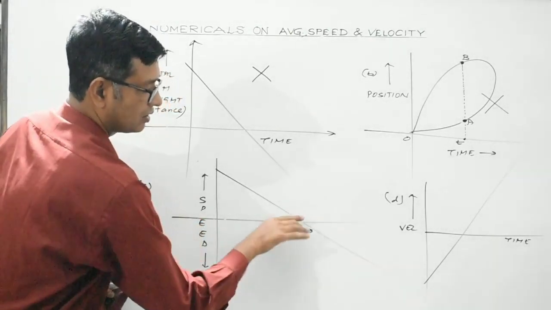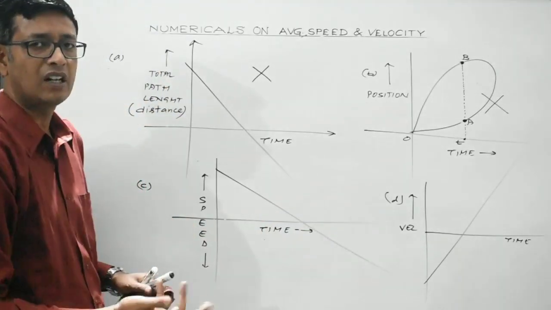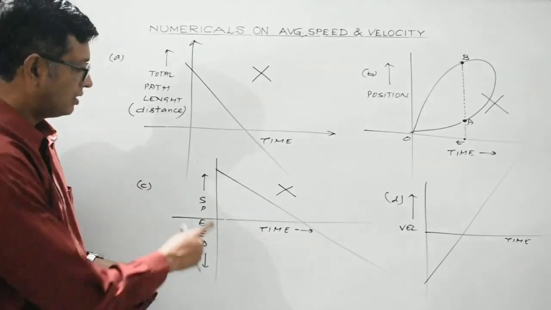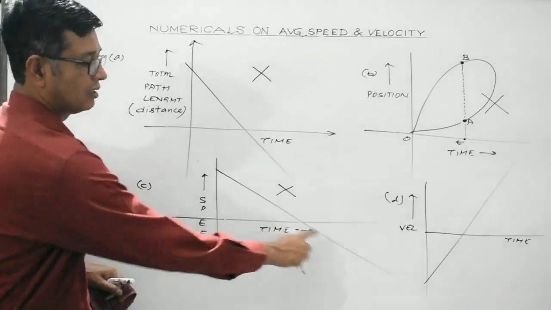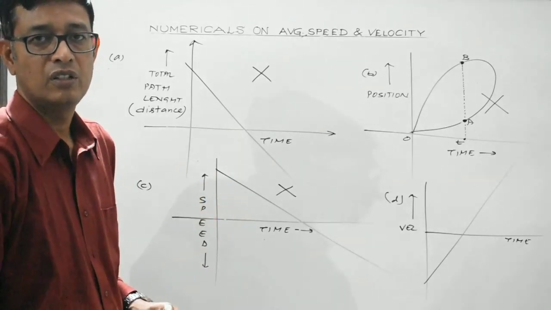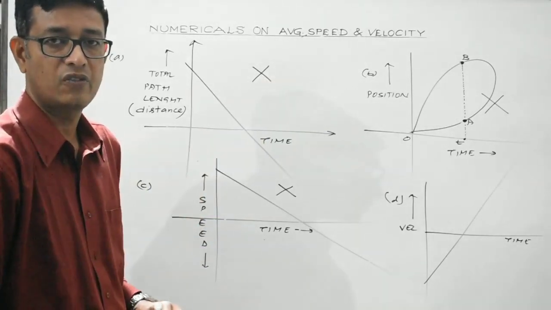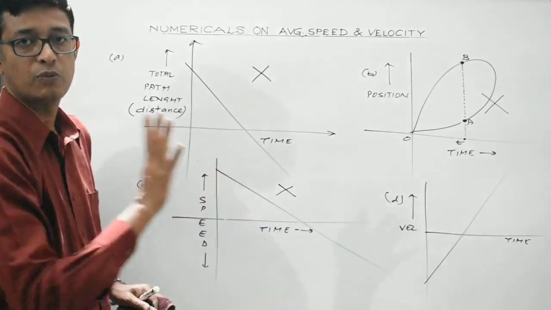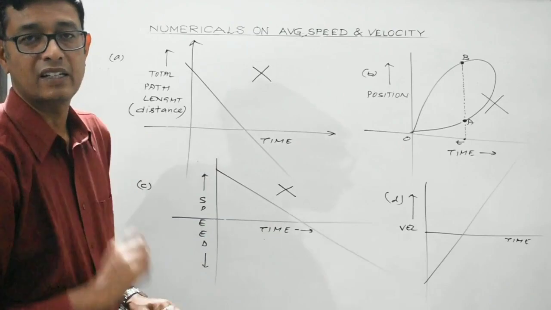So after this, it is becoming negative. So speed can't be negative. So it is not possible. In case it was given to be velocity, then the graph would have been applicable or feasible in certain conditions, which again we'll discuss in a later section, right? So presently, this speed-time graph is not possible because speed can't be negative.